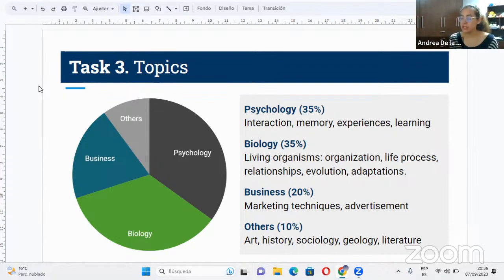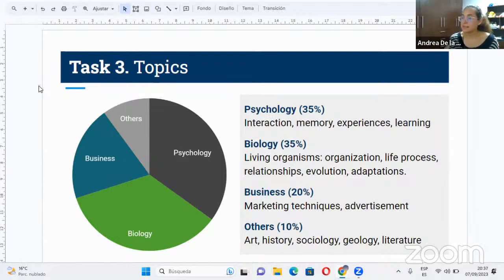Now, biology, the second one. Biology is usually animals or plants. It's never going to be human biology, so don't worry, it won't be anything that complicated. When they talk about animals or plants, they mainly talk about how they have adapted to certain changes, how they have evolved throughout time, how they survive, the mechanisms they use to survive, to catch food, to find food, to protect their habitats.